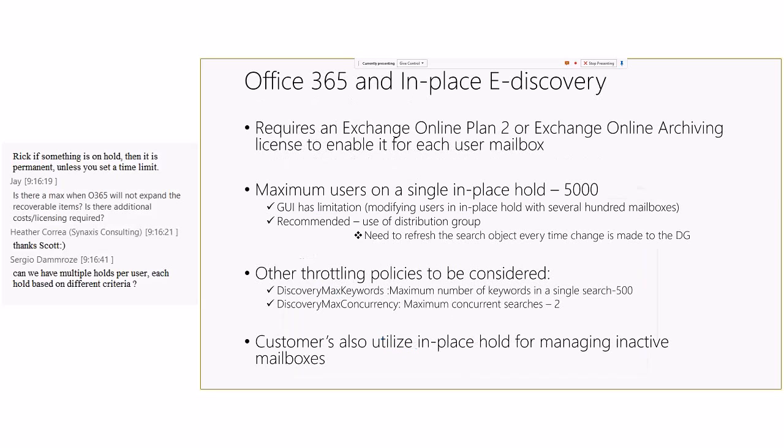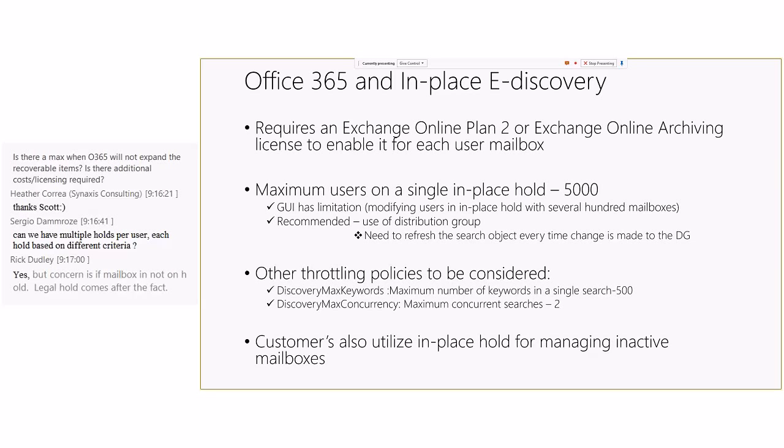All right. How does it all relate to Office 365? Whatever we talked about until now, Exchange 2013 on-premises also has all these features, right? Now, relating to Office 365, for in-place hold to work, the mailbox has to have Exchange Online Plan 2 or an Exchange Online Archiving license to enable the in-place hold for the user mailbox.